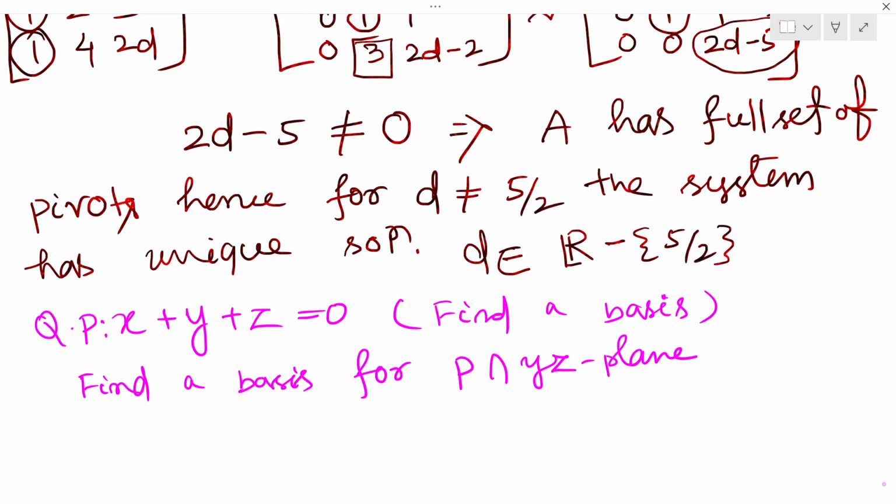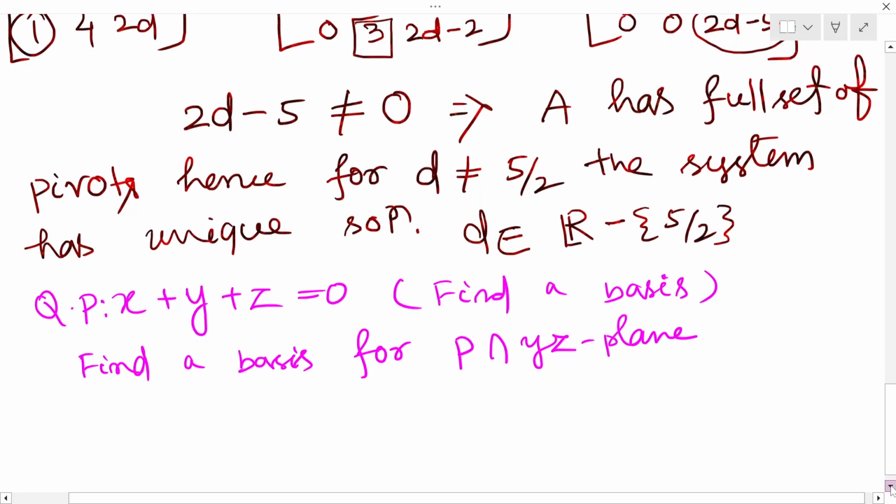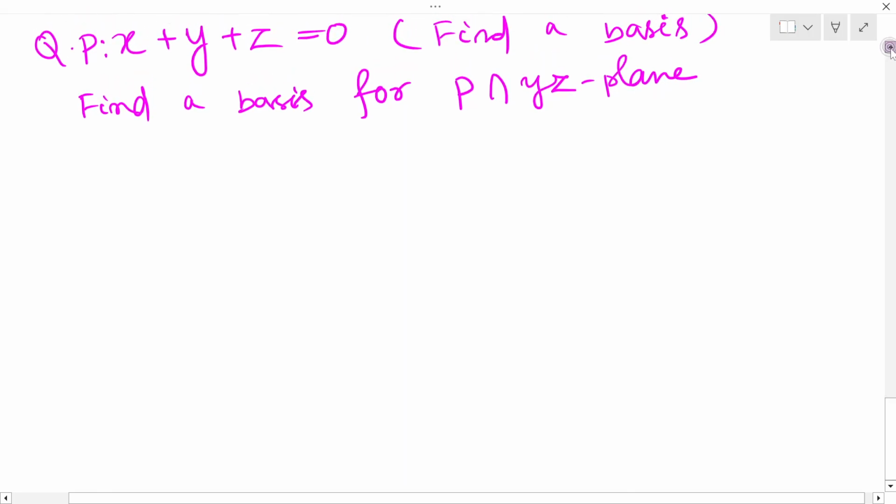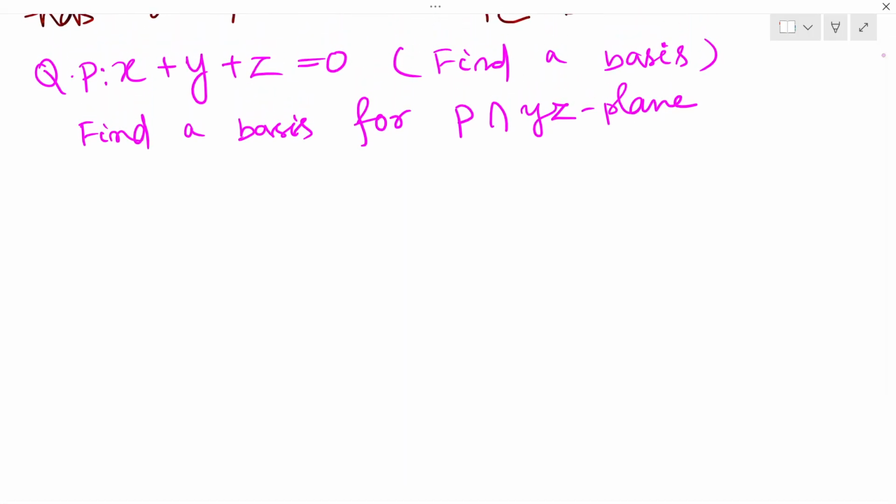YZ plane means the x component will be 0. So first of all we will find out the basis. The basis vectors having x component 0 will give us the second basis. How to find it here?